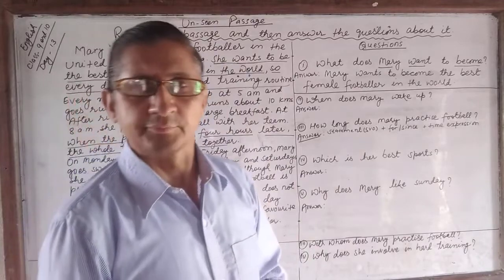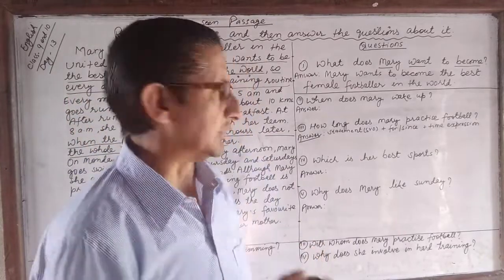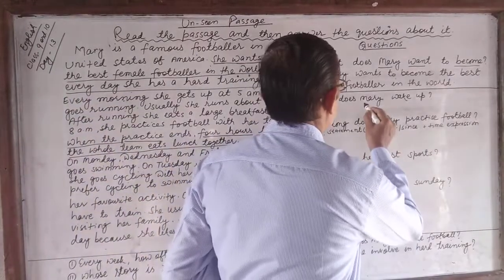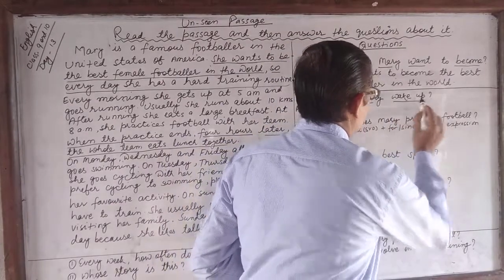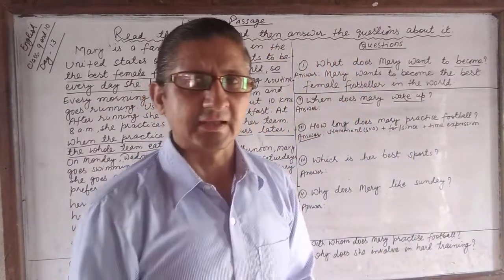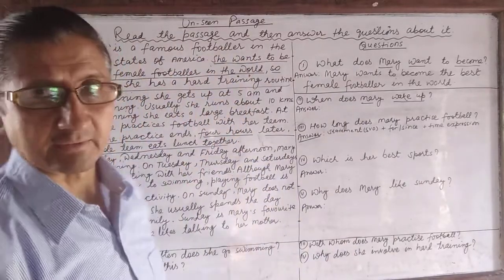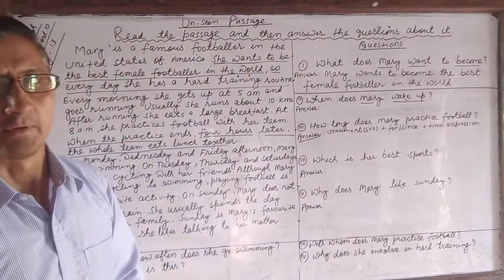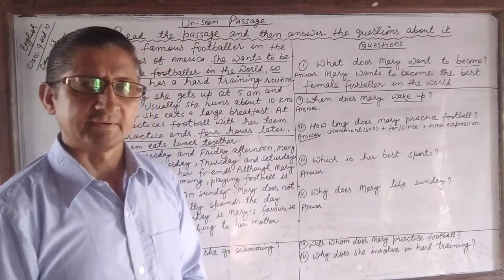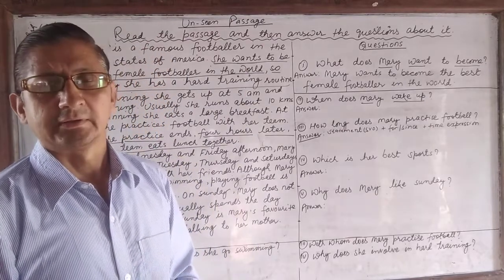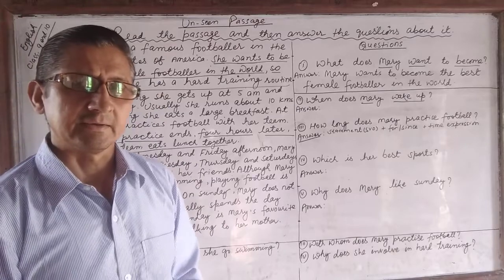This is the question. Let's underline the keywords. The keywords are Mary and wake up. After reading the question, we read the passage and we locate the answer in the passage.